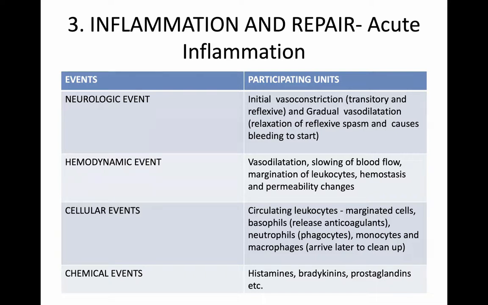So what the hemodynamic event does is that those large cells cause vasodilation, they slow blood flow, but they also cause the coming together of leukocytes so that a bleeding plug is formed, and then they restore hemostasis and also cause permeability changes so that blood loss out of the blood vessels is stopped.